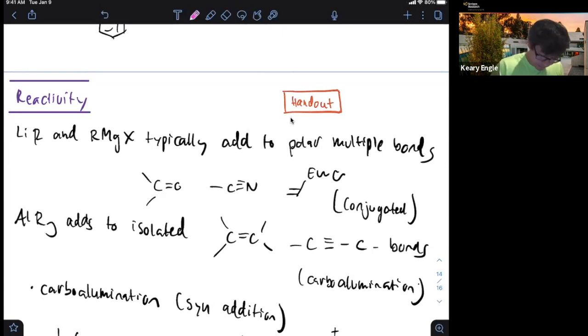In the case of organolithiums and organomagnesiums, these are more electropositive elements compared to organoaluminum compounds. As a result, the bonding is more ionic in character, and they'll engage in polar additions to particularly polar functional groups, for example, carbonyl compounds, nitriles, and activated alkenes.